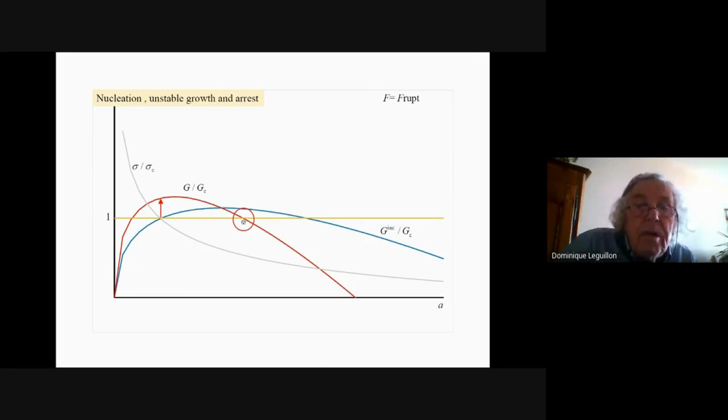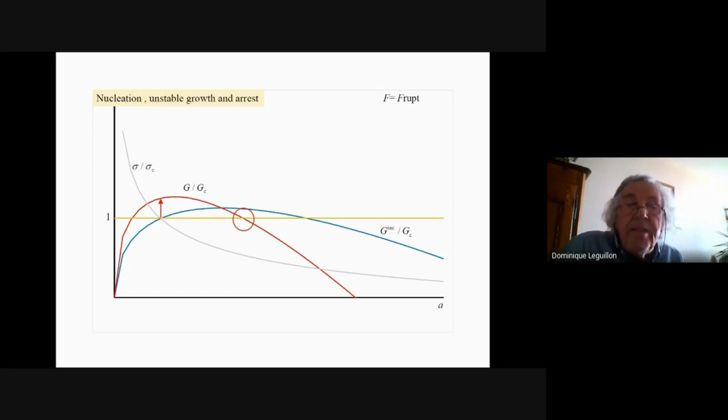But what we have considered, you know, between this point and that one, all this surface here is extra energy. And a part of this energy can be used to grow the crack further.